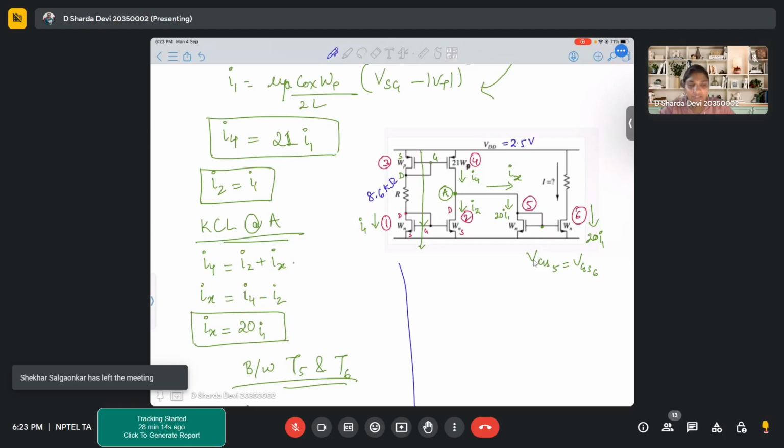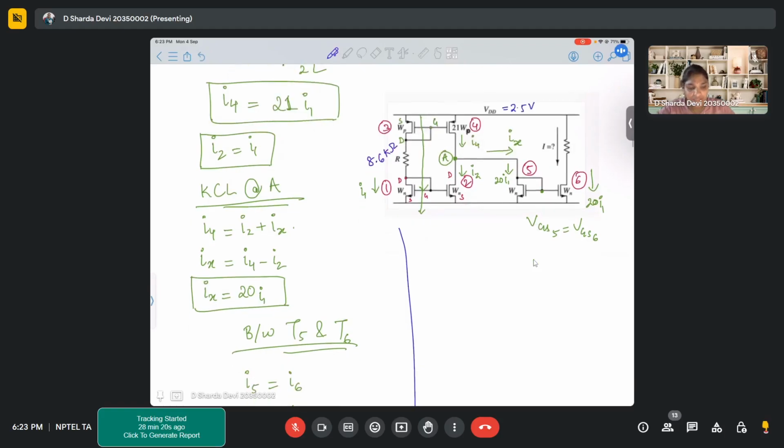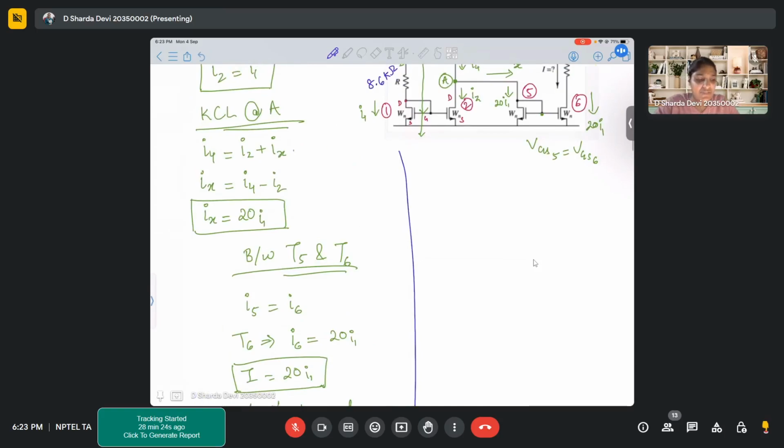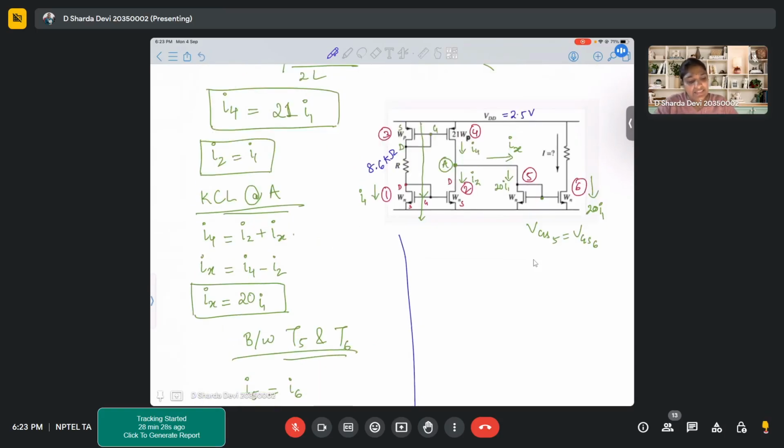So I is simply 20 times of I1. Understood. Thank you. So we found out that it is 20 times of I1. Now the task is we have to find the value for I1. So what is the best way that we can find the value of I1?